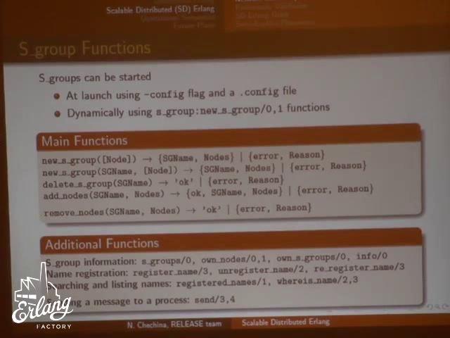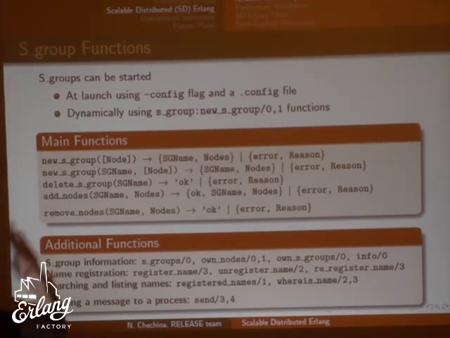So S-groups we can start at launch. We can define a configuration file and say, here is our configuration, and please have those S-groups. Or we can start them dynamically using new_s_group/1 and new_s_group/2. I'm sorry, these are those two functions.